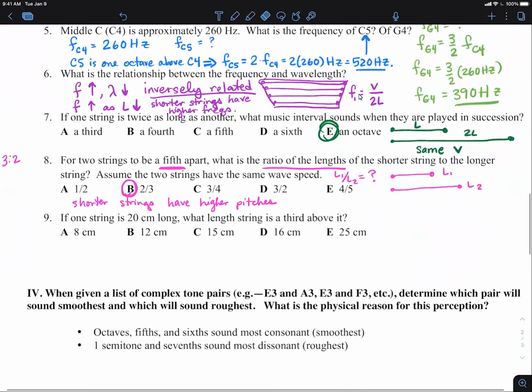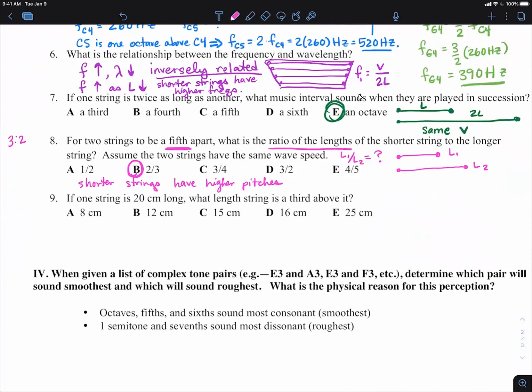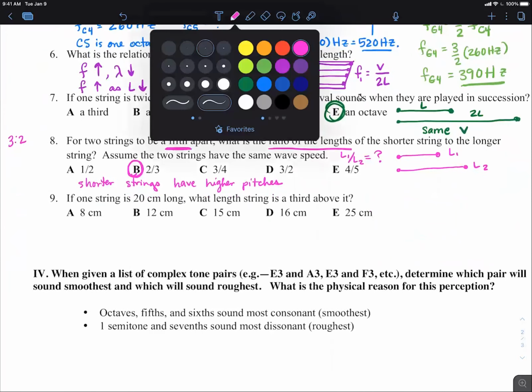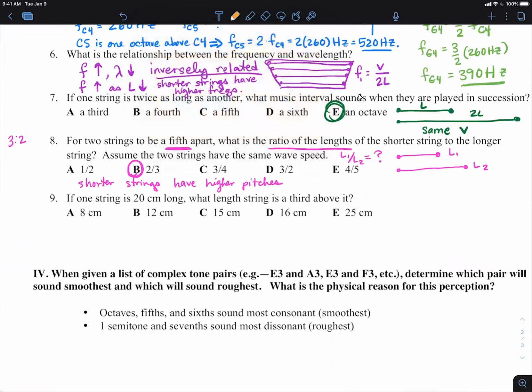Okay, and then in number 9, again, we're doing two strings. Okay, so we have one string that is 20 centimeters long. And then we have another string that is going to be shorter than that because it's a third above.